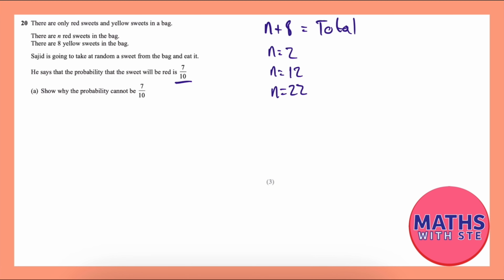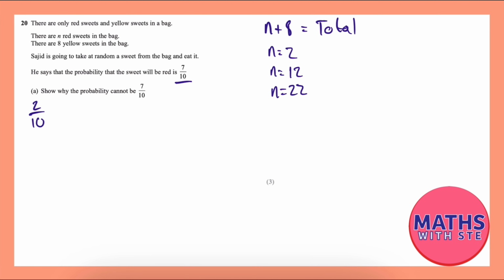Okay, so let's have a look at this. Let's see if any of those fit, see what happens. So if n is 2, then that would be 2 over 2 plus 8, which would be 10. And 2 over 10 is not 7 over 10, is it?